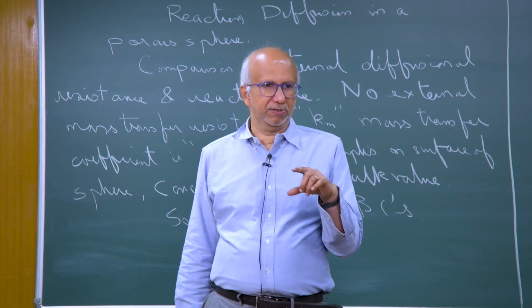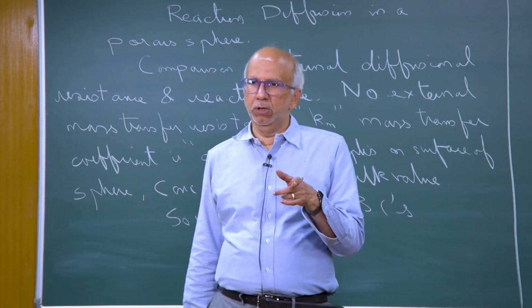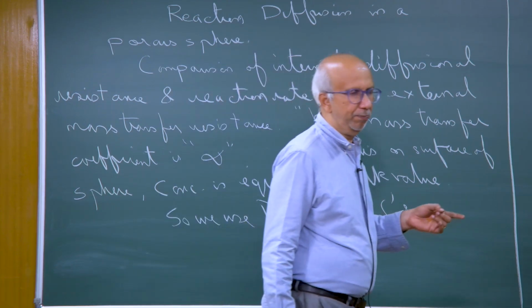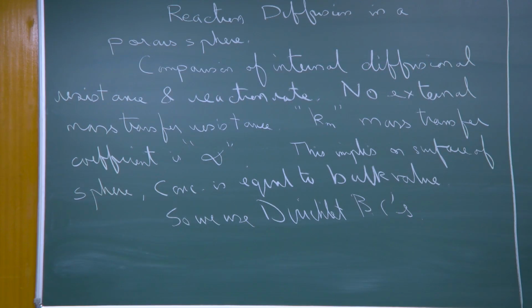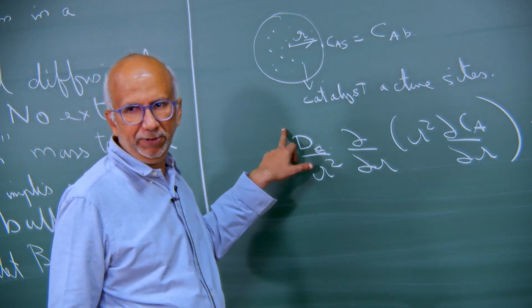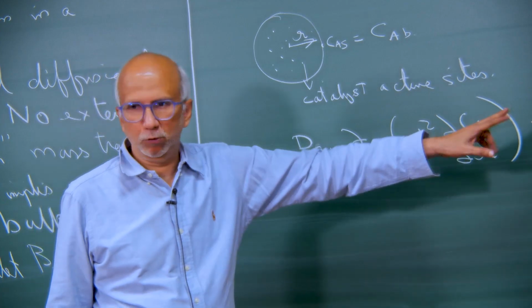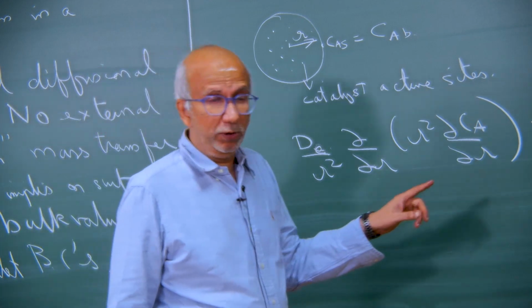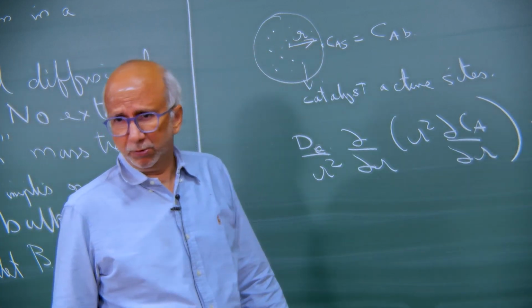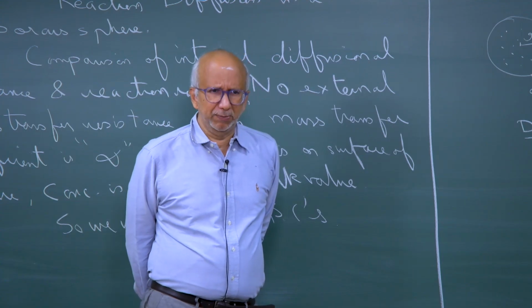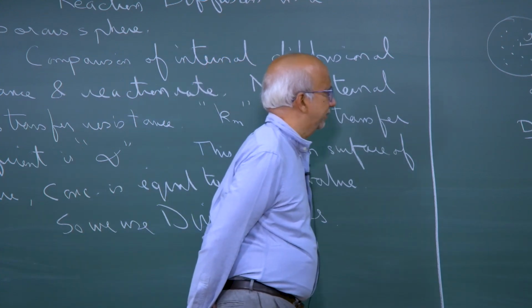And because you are talking about surface reaction, sometimes there are people who like to define the reaction rate on a per unit surface area basis. When you define it on a per unit volume basis, what is the unit of k going to be? 1 by second, okay. And you look at this, you have meter square at the bottom, meter square per second. So, 1 by second times concentration, the equation becomes dimensionally consistent. If your reaction rate is on a per unit area basis, some extra term will come in here, okay. So, anyway, it does not matter, one more constant will come in there, maybe surface area per unit volume, okay. So, it does not matter.